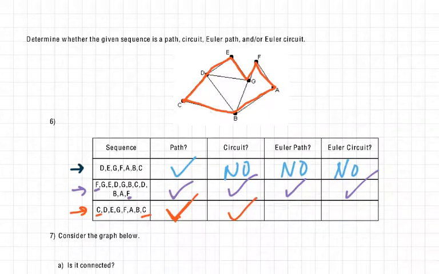It is not an Euler path because there were 3 edges that we did not go through, and it is also not an Euler circuit because it did not go through each edge exactly once. So hopefully that helps you to determine when something is an Euler path, when something is an Euler circuit, when something's just a regular path, when something's just a regular circuit.